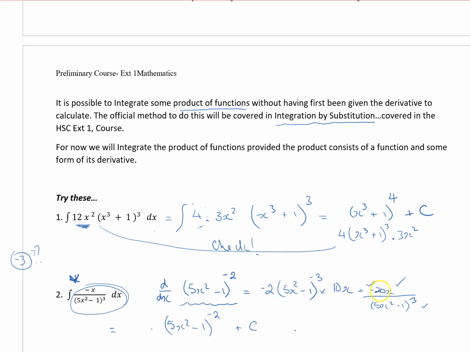That means something occurred here such that that 20 was eliminated. Well, we know that if you want to multiply by 20, you divide by 20. So that tells me that the original function that was differentiated to give me this must have had a 1 on 20 in it, and it was originally the function 5x squared minus 1 to the -2.